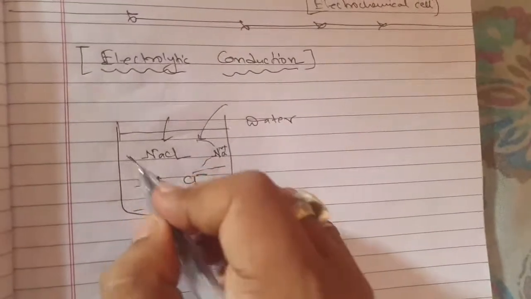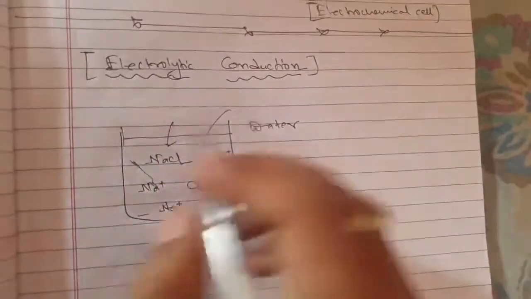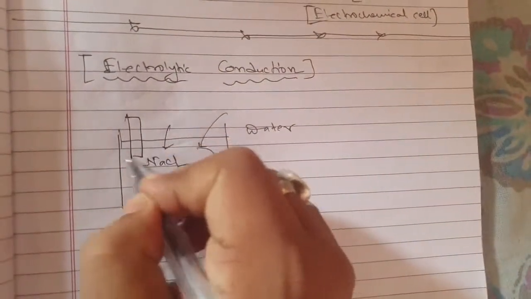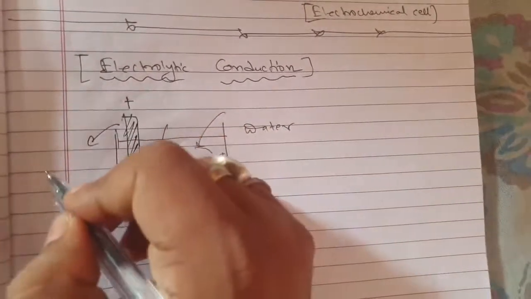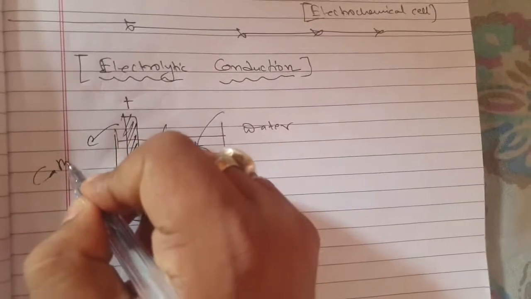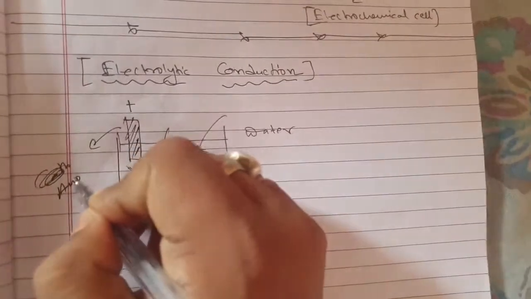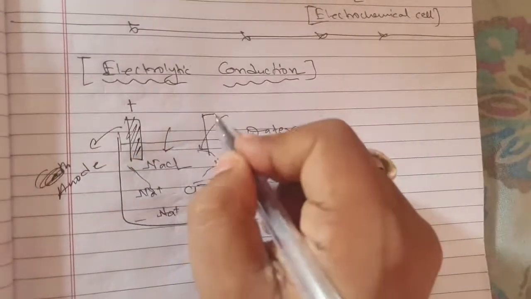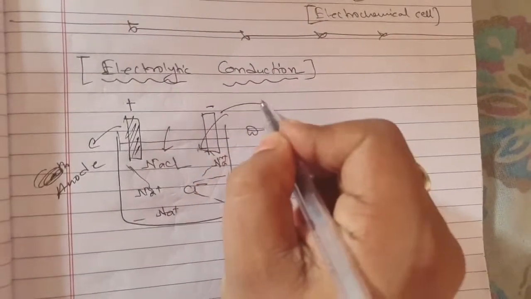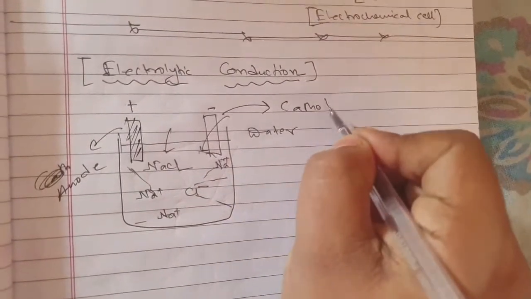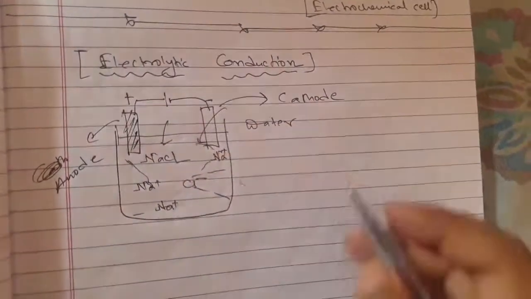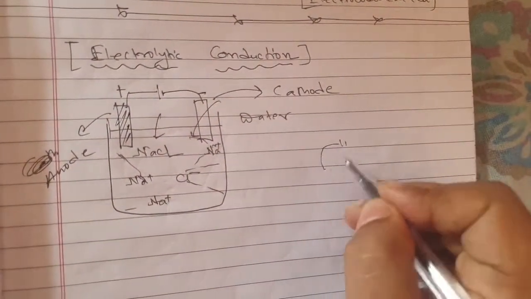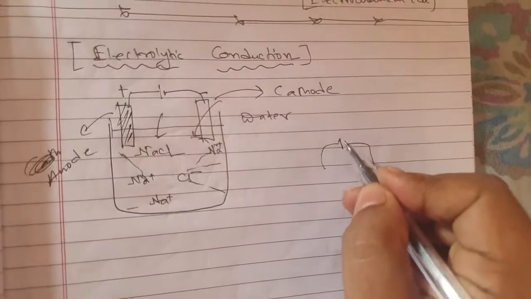Now if you put an electrode, a positively charged electrode which is known as an anode, and a negatively charged electrode which is known as a cathode, and you connect them with a battery with a wire like this, will there be conductance?